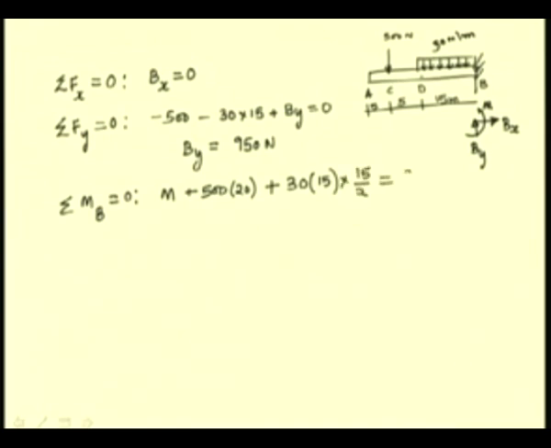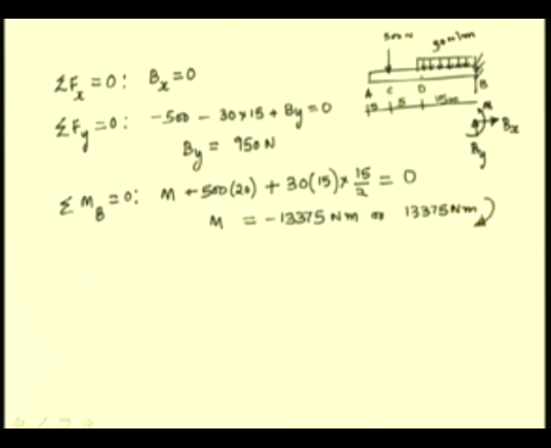So, the sum of all these moments has to be 0. So, from this we get the moment as minus 13375 Newton meter, or it is 13,375 Newton meter in the clockwise direction.